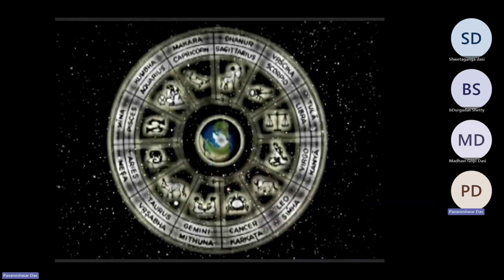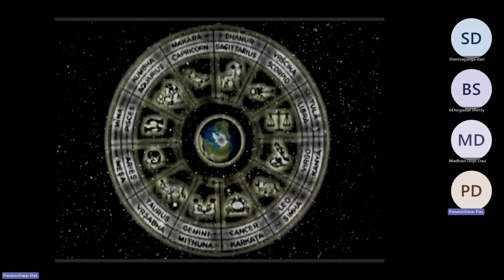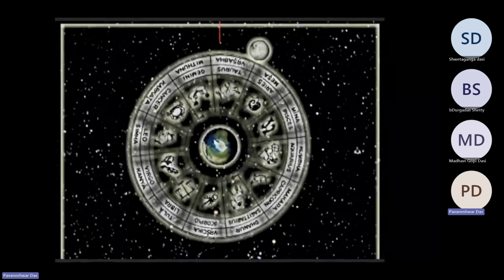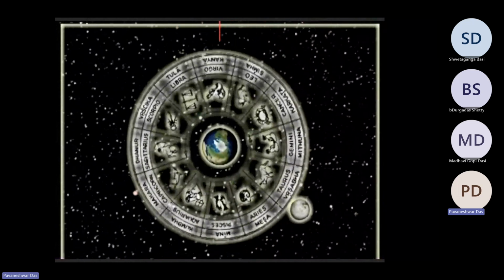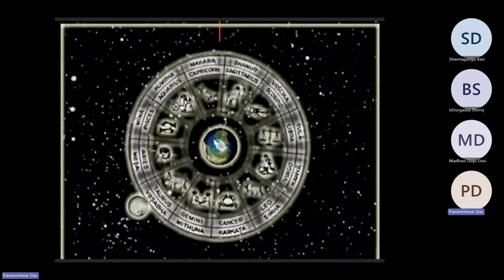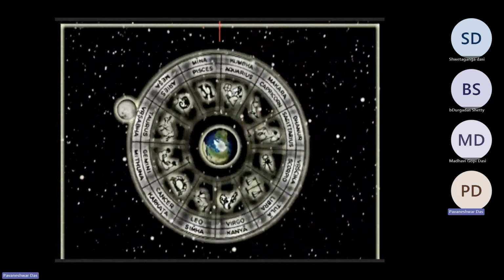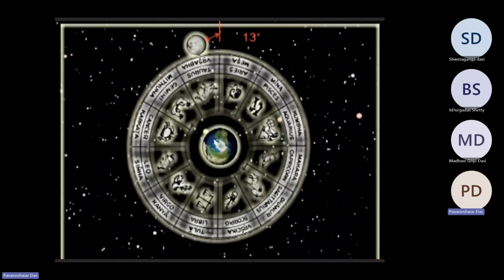The zodiac completes one clockwise revolution of 360 degrees in every 24-hour period. The moon travels through the zodiac, but due to its slower angular velocity, it completes only about 347 degrees in 24 hours, falling behind by about 13 degrees.